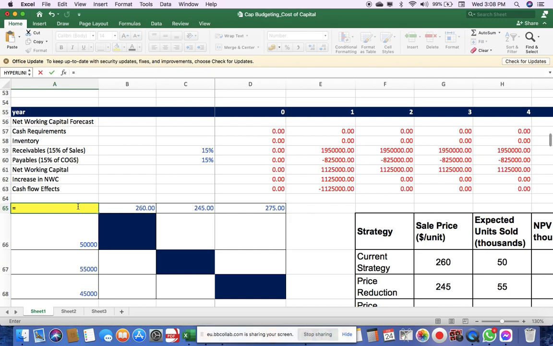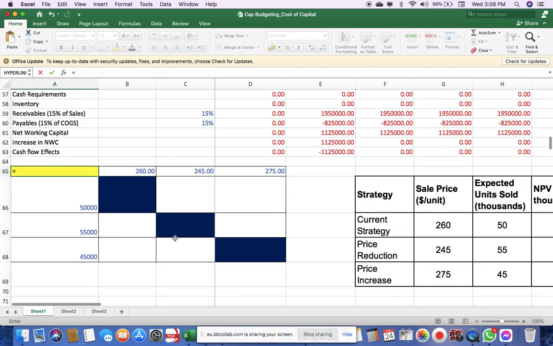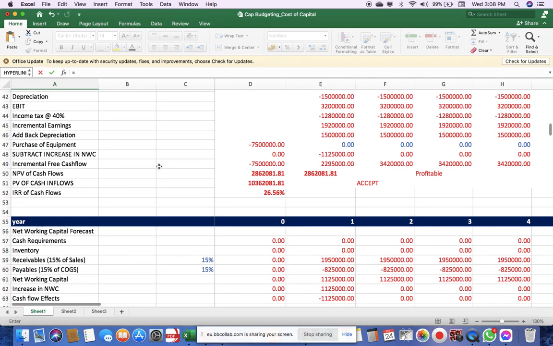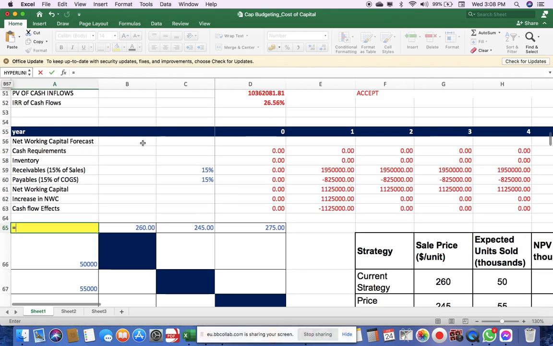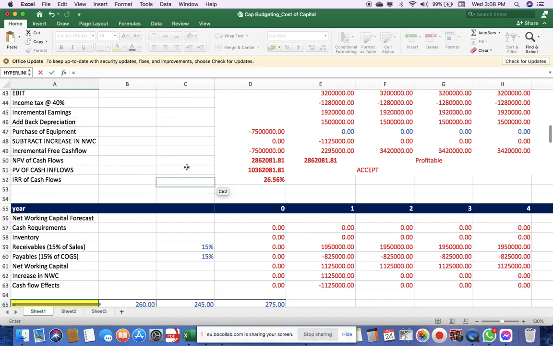I'll explain how and why. So you understand the input is 260, 245, 275 per unit. What if the input is 50,000, 55,000, 45,000? What if 50,000 sales? Originally we assumed 55,000, 45,000. Increased 5,000, decreased 5,000.